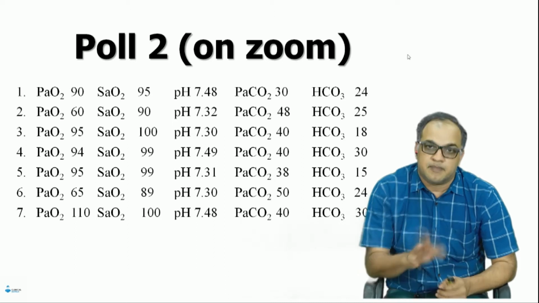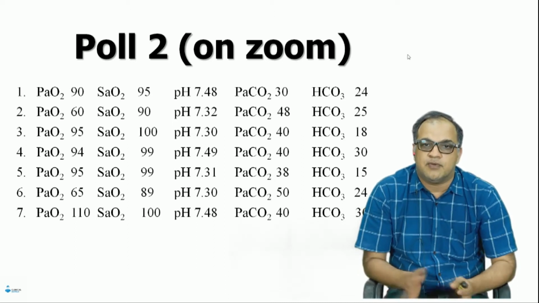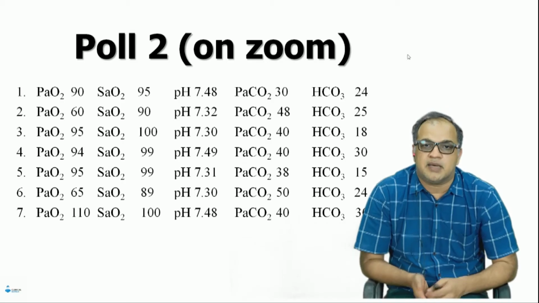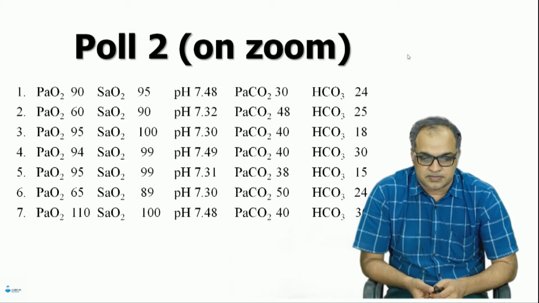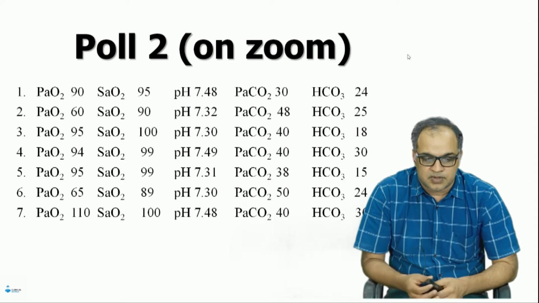PCO2 is normal. Bicarbonate is more than 24. Alkalosis. Which alkalosis? Metabolic alkalosis. 12 have voted.